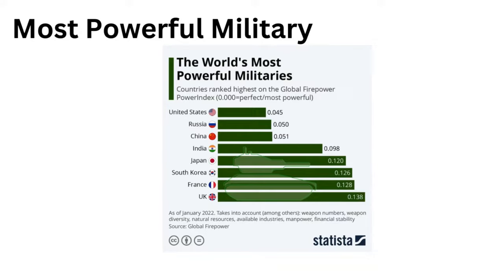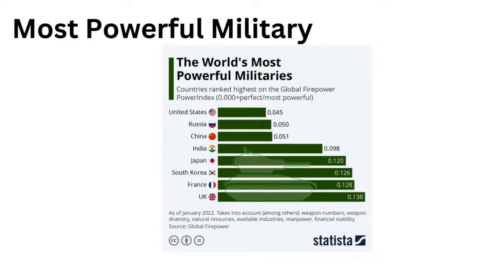Most powerful military. The United States possesses the most powerful military in the world due to several factors. Firstly, it has a substantial defense budget, consistently allocating significant resources towards military capabilities and advancements. Secondly, the US maintains a global military presence through a network of military bases and deployments, allowing for rapid response and projection of force.